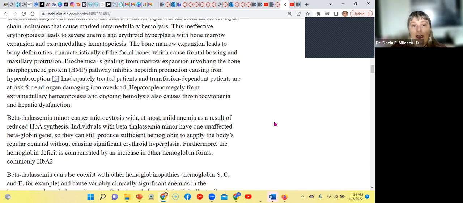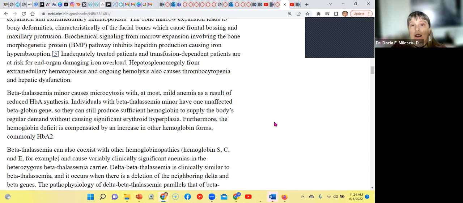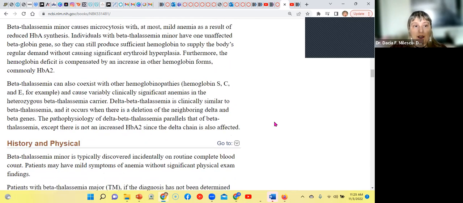And then in severe cases, hepatosplenomegaly and severe thrombocytopenia, because now we're not producing enough platelets, and even hepatic dysfunction. So beta thalassemia minor is only going to result in a mild anemia and reduced hemoglobin A synthesis.